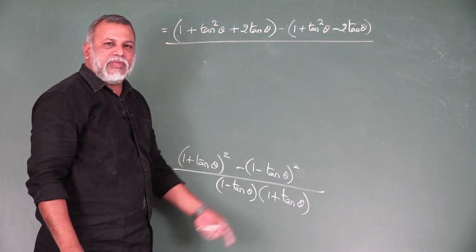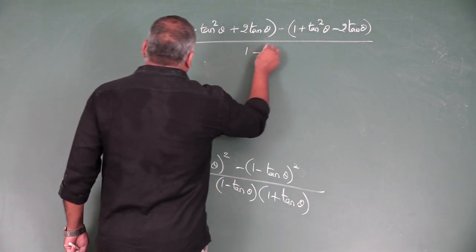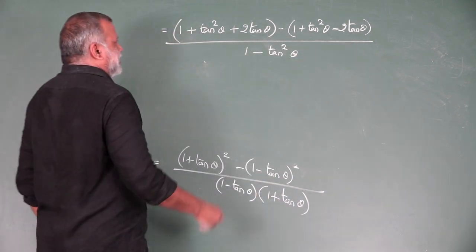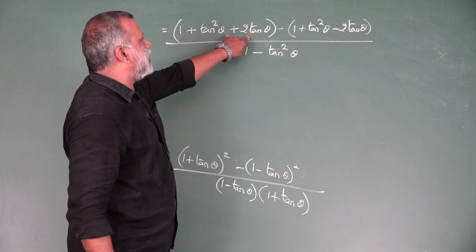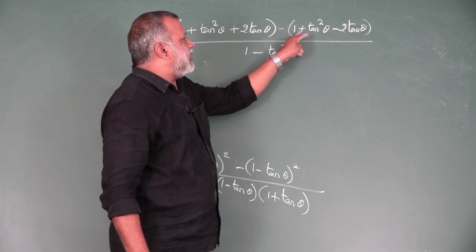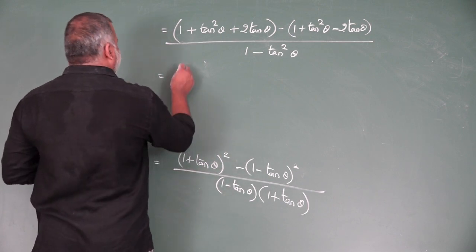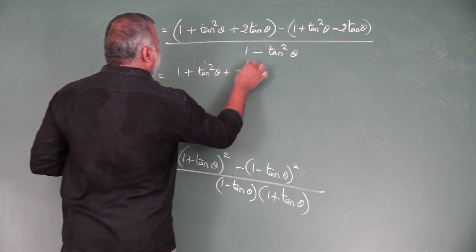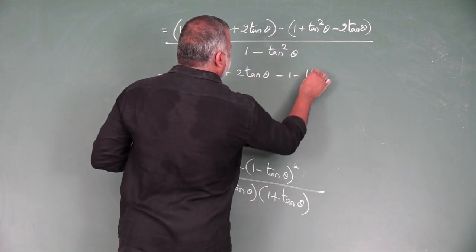The denominator is in the form of A plus B into A minus B. If you multiply, we get 1 minus tan square theta. We have 1 plus tan squared plus 2 tan theta, minus the bracket 1 plus tan squared minus 2 tan theta. Opening the bracket, we get 1 plus tan squared plus 2 tan, minus 1 minus tan squared.